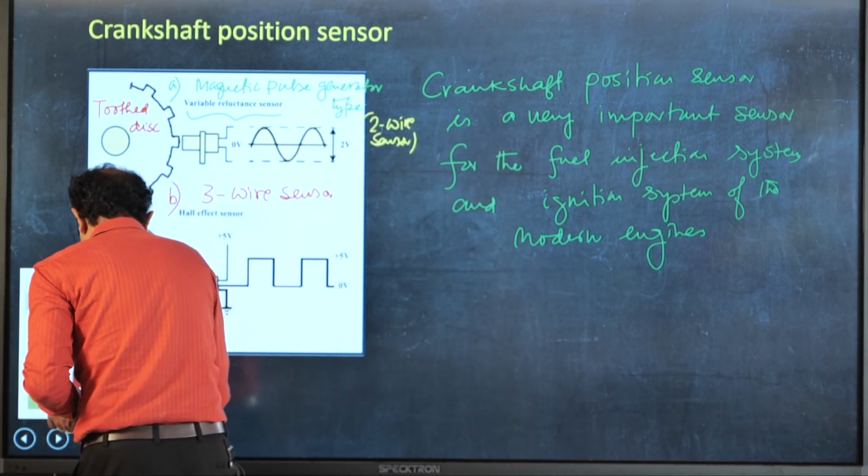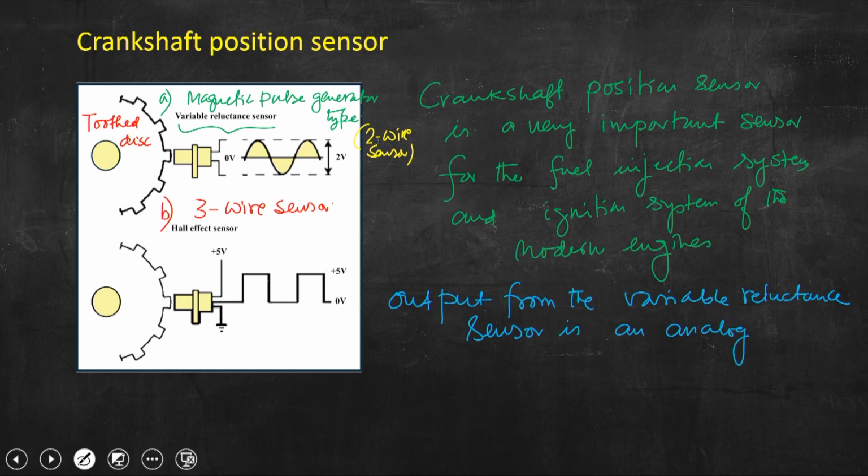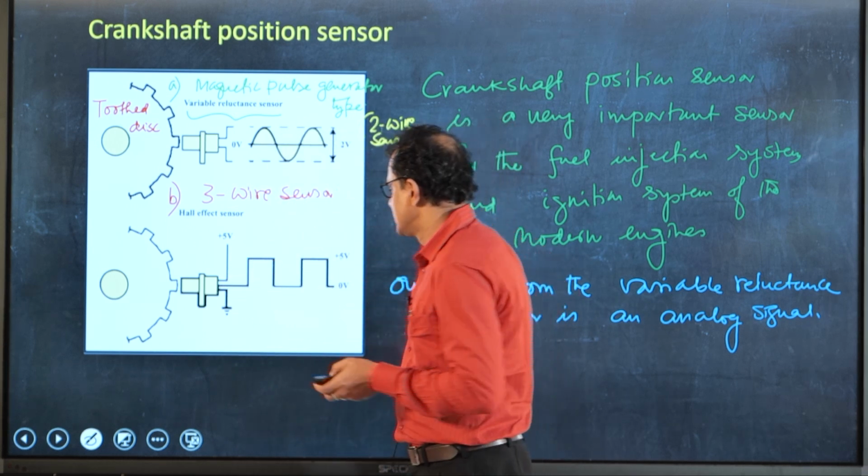So, the output from the variable reluctance sensor is an analog signal, right, whereas for the Hall effect sensor the output is a digital signal.